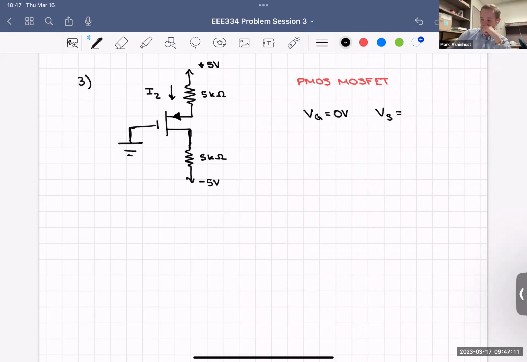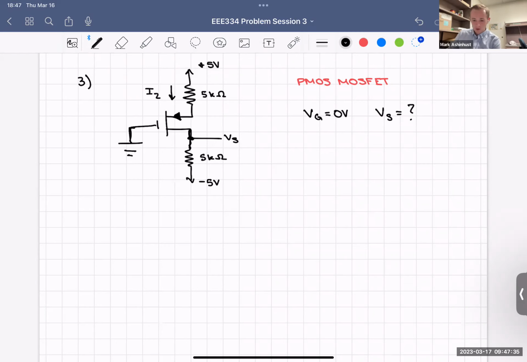VS is taken here at the top. We don't know what VS is after that drop over that 5 kilo ohm resistor. Because we also don't know the current there, we're going to have to find the current there. You need to know that current to figure out what VS is.